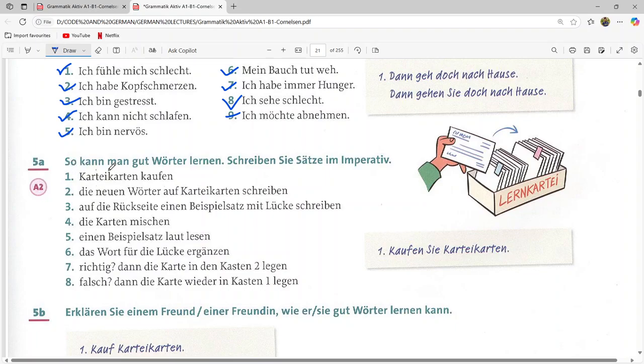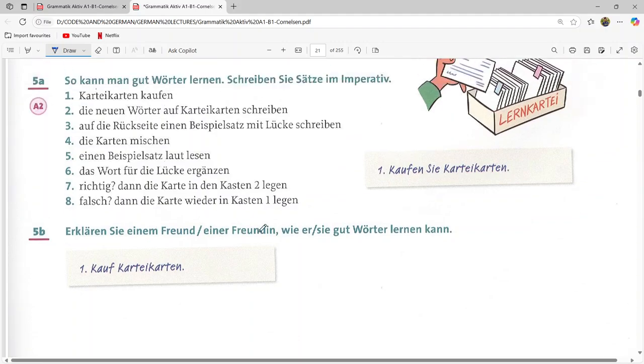Okay, this is the way to learn new sentences, new language, new words. And now what we have to do is write these sentences in which form? In the imperative form. So let us try to write. First one: Karten kaufen.